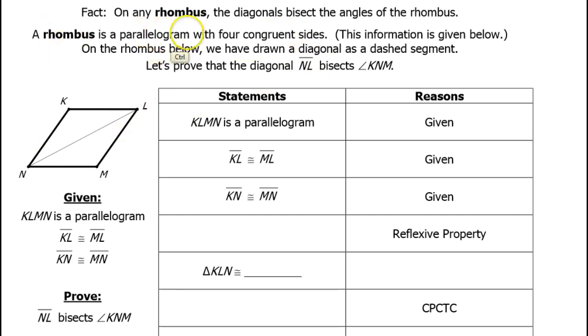A rhombus is a parallelogram with 4 congruent sides. On the rhombus below, we have drawn a diagonal as a dashed segment. Let's prove that the diagonal NL bisects angle KNM. Okay, that's this angle in the lower left-hand corner. Let's prove that this diagonal is an angle bisector.